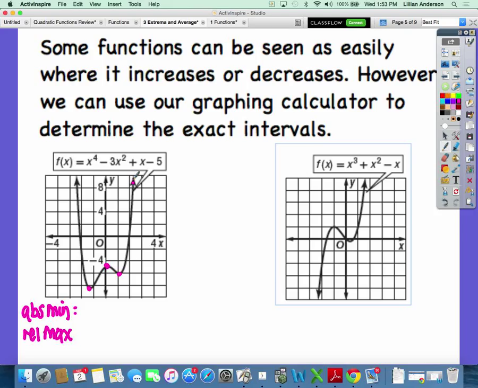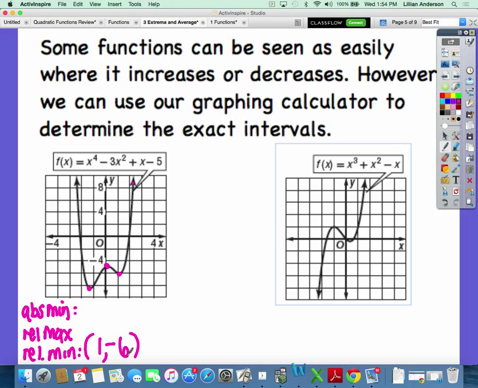And that last min is a what? Relative. I can tell what that point is though, can't I? What's the ordered pair for that point? 1, negative, careful, 6. The x's are by 1, the y's are by 2. Just be careful, okay?